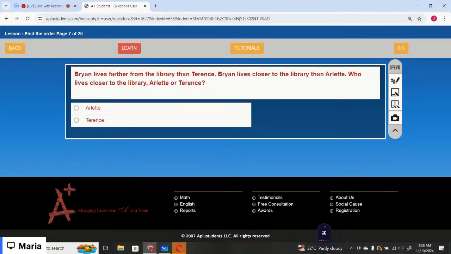Brian lives farther from the library than Trent. Brian lives closer to the library than Arlet. Who lives closer to the library, Arlet or Trent?